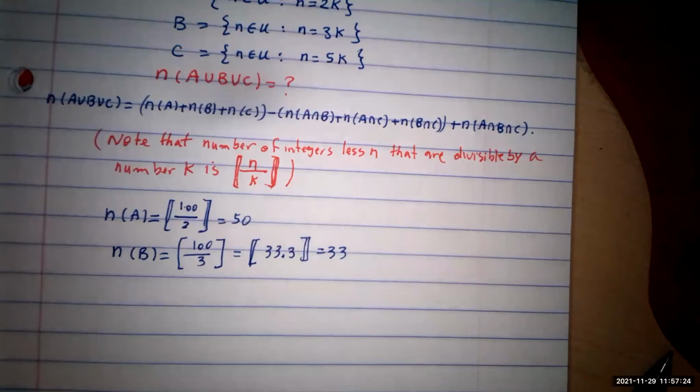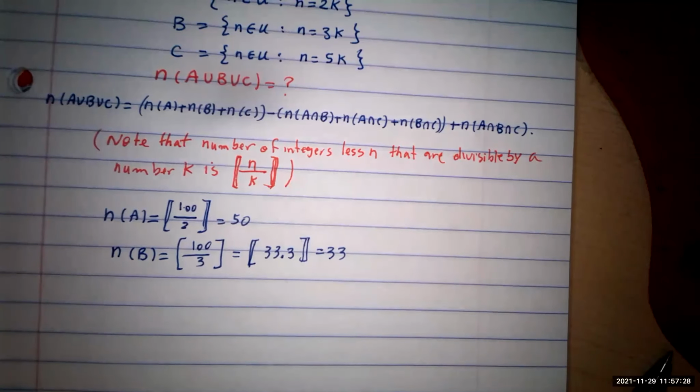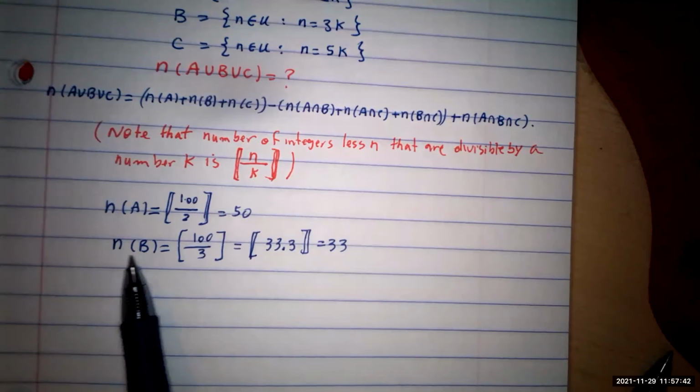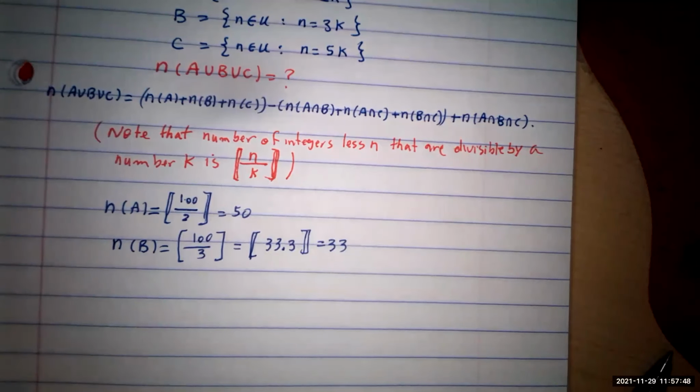You cannot pick 34 because 34 is over. The closest integer below 33.3 is going to be the result, 33. You cannot write 33.3, that doesn't make sense. You cannot say that there are 33.3 numbers divisible by 3. So just use this if you need it.